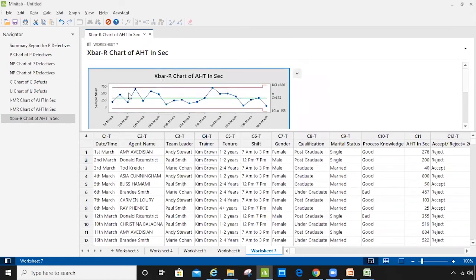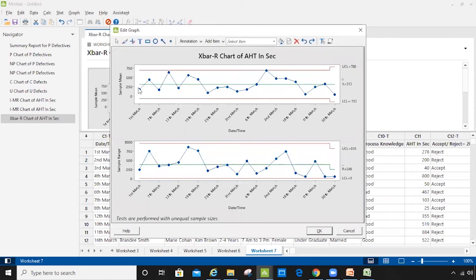So in the X bar R chart, you can see the sample mean, 173, 439. What it has done is taken the mean of the first 3 data points. The first data point says 173, the second data point says 439.